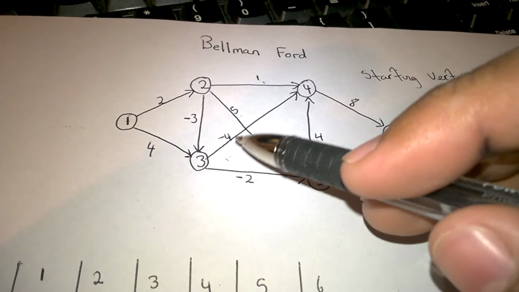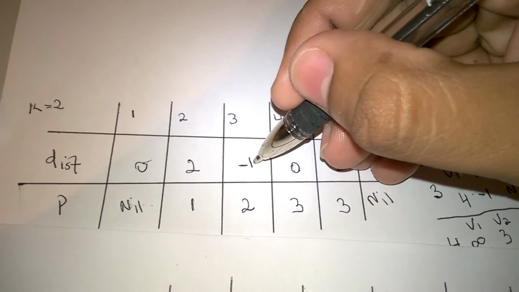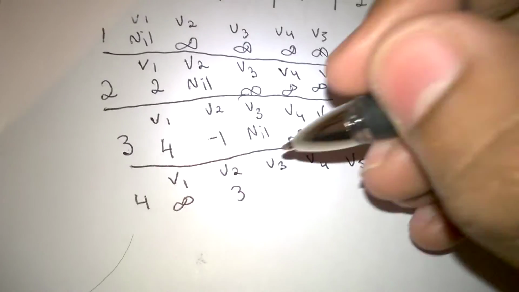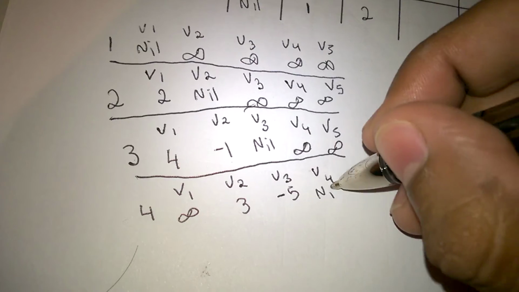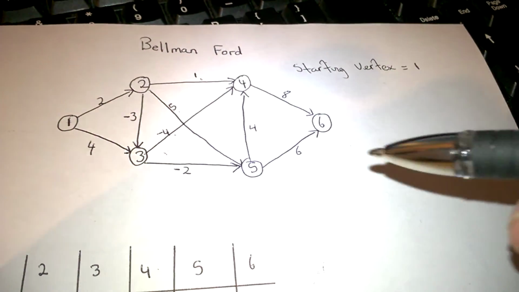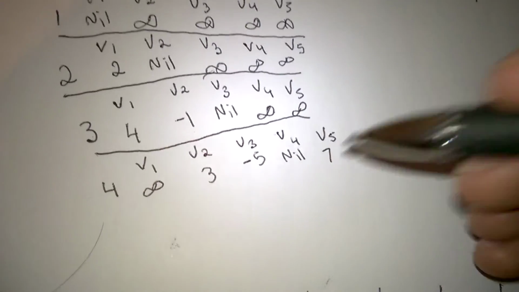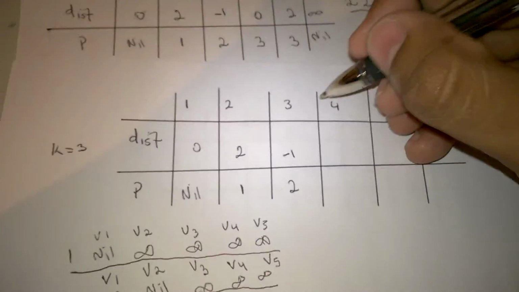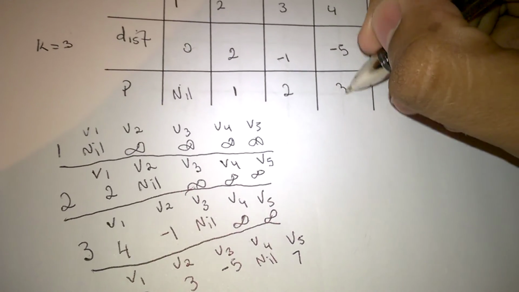Yes, for the cost of negative 4 plus negative 1, so negative 5, right? Could we reach 4 from v4? So we put nil. Could we reach 4 from v5? Yes, for the cost of 4 plus 2, 7, right? So the smallest value we take in here is negative 5, and the parent is 3, right?